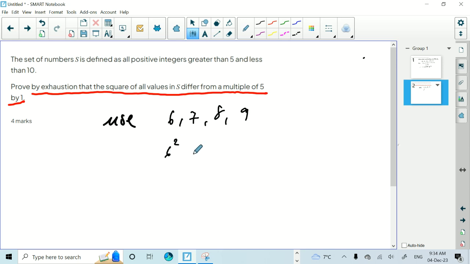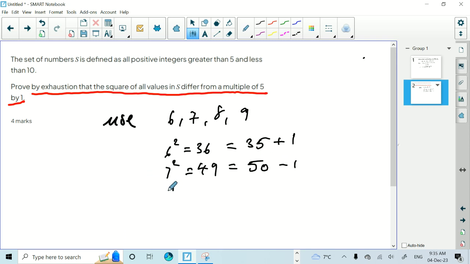So 6 squared is equal to 36, which is equal to, I would say, a multiple of 5, isn't that 35 plus 1? And what about 7 squared? 7 squared is equal to 49. Well, a multiple of 5 will be 50 minus 1.